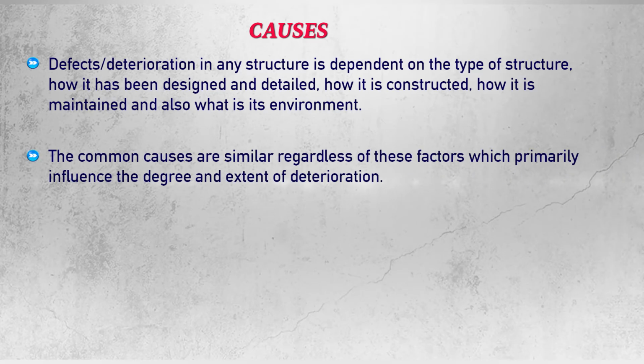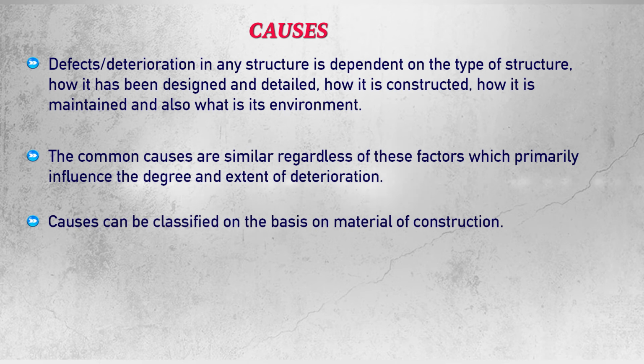So, these are different factors on which the defect or deterioration of any structure depends. The common causes are similar regardless of these factors, which primarily influence the degree and extent of deterioration. Causes may be classified on the basis of material of construction, that is, what material you have used. Depending on that, various causes may be classified.